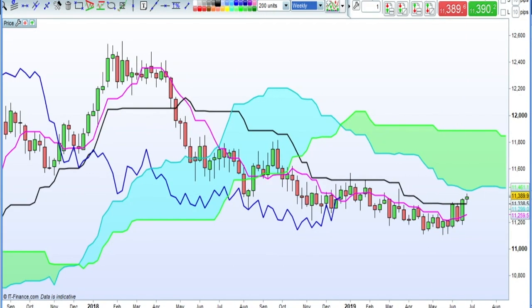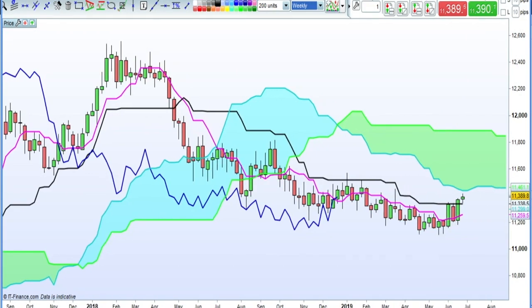Now, that blue line, the lagging line, it's currently struggling with the candles themselves which act as resistance of 26 weeks ago. So that lagging line is struggling, but were it to see a decent close clearly above the candles 26 weeks ago, that would be another sign that, hey, we're on our way.